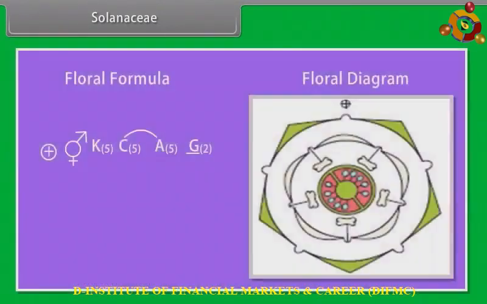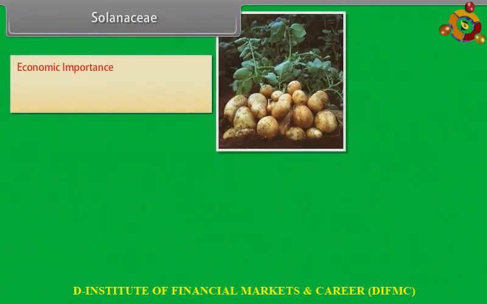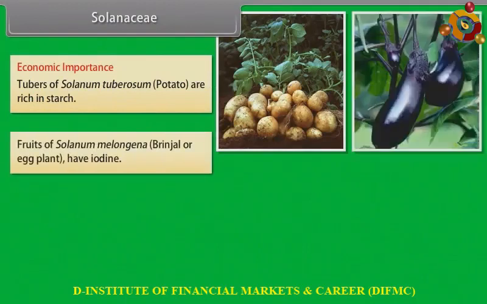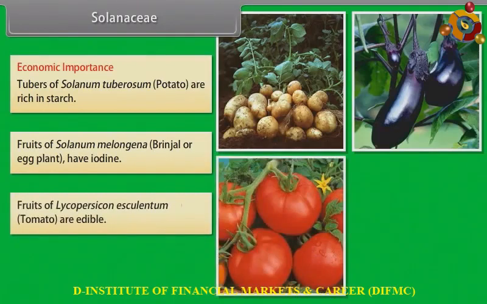Floral formula is, and this is the floral diagram. Economic importance. Tubers of Solanum tuberosum, potato, are rich in starch. Fruits of Solanum melongena, brinjal or eggplant, have iodine. Fruits of Lycopersicon esculentum, tomato, are edible.